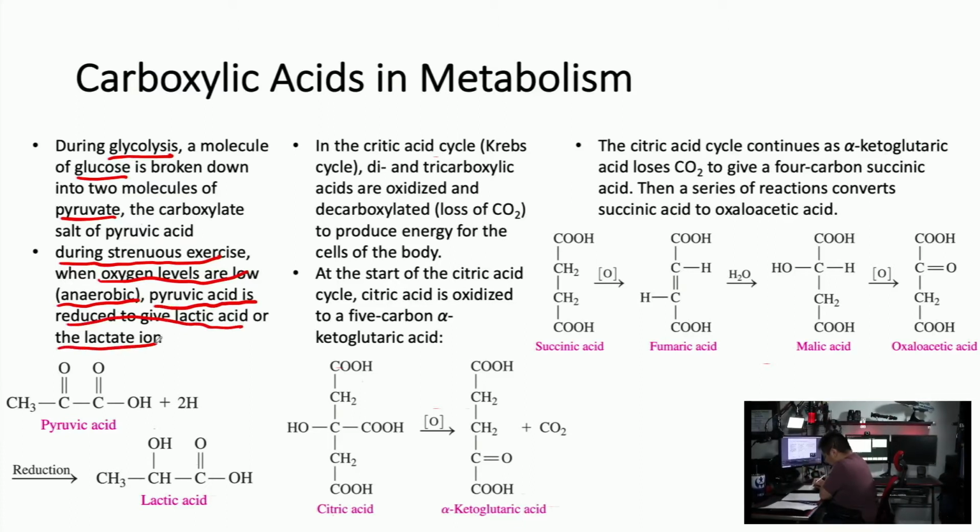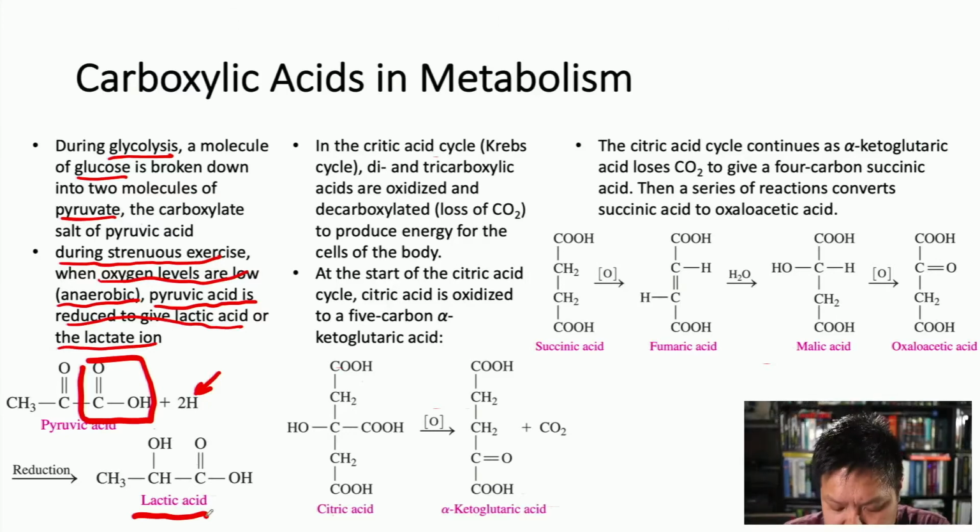So here's pyruvic acid. You notice here is the carboxylate part of pyruvic acid. It gets reduced by two hydrogens, and you get lactic acid. And that's why your muscles kind of burn after you've been working out a lot, right? We'll go through anaerobic respiration in much more detail later on in the semester.